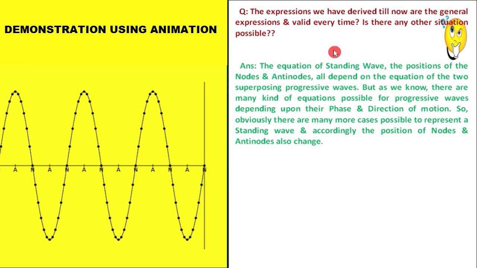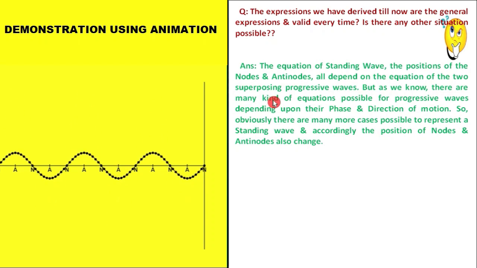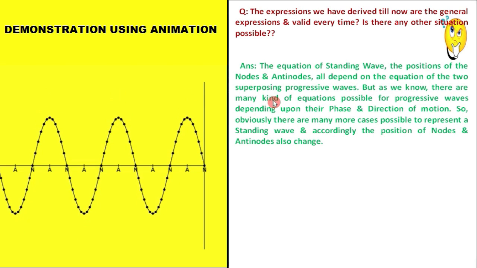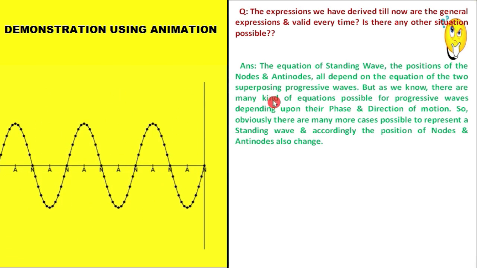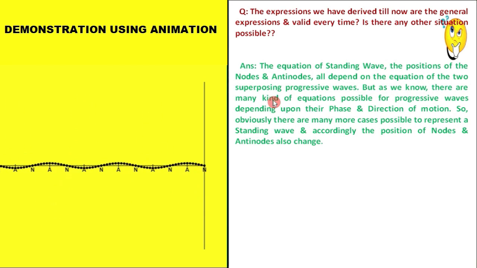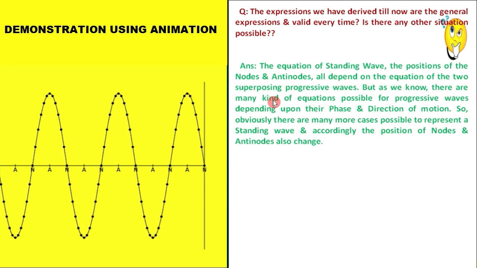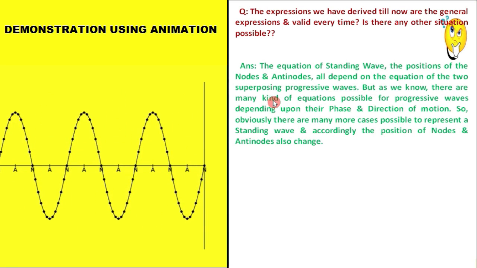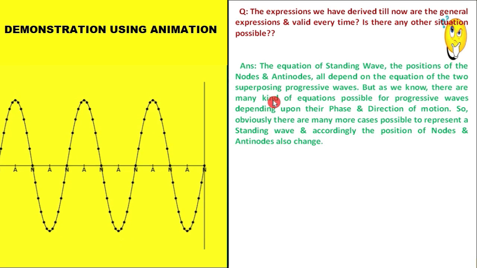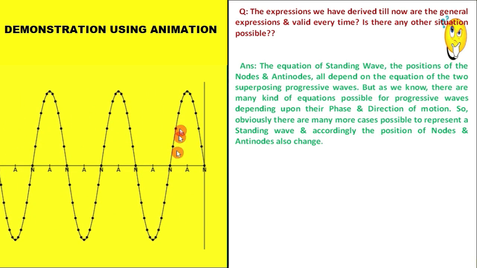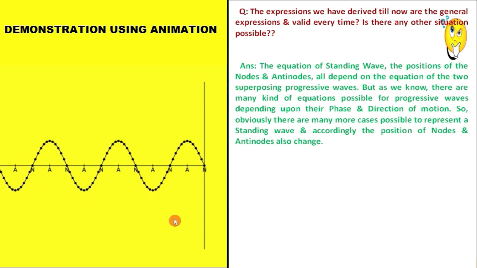You are getting those equations because you have taken your progressive wave equations as y1 equal to this and y2 equal to this. But we know that the equation of a progressive wave can take many forms. It depends upon the phase and the direction of propagation. If a wave is propagating along the y direction, that will have a different equation.